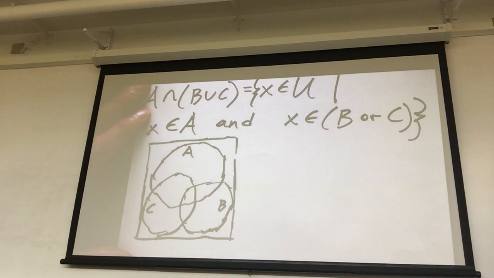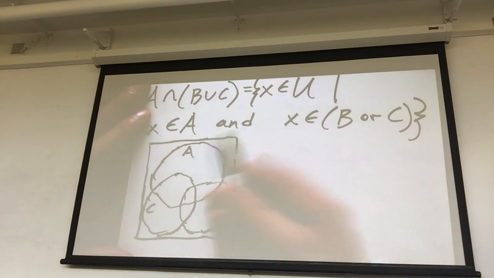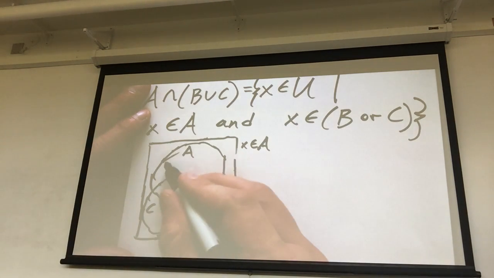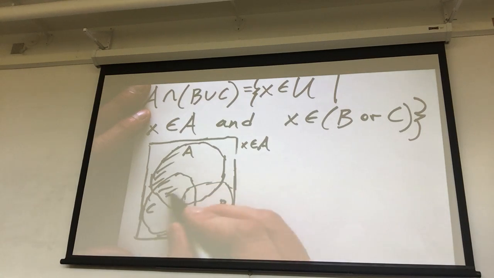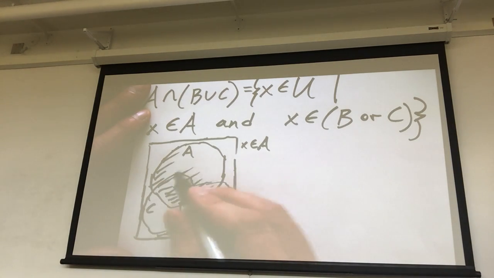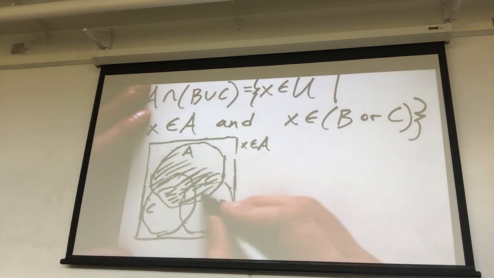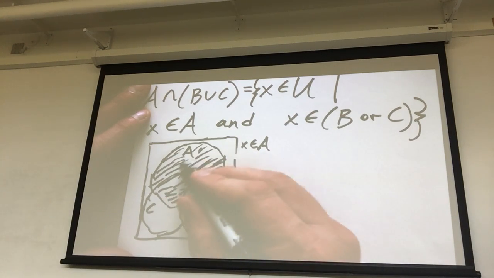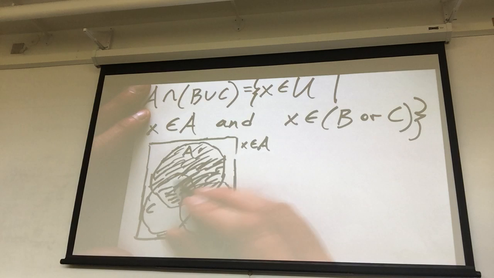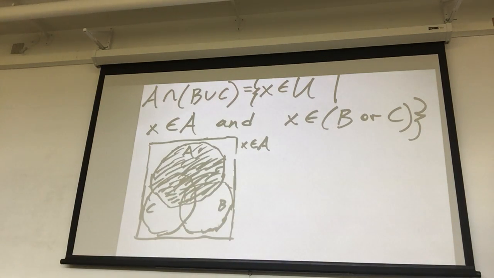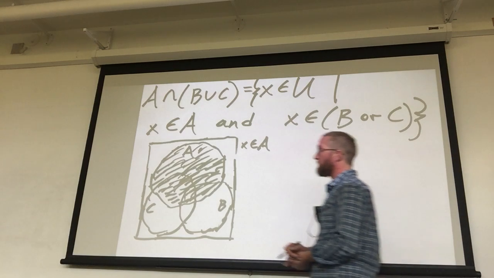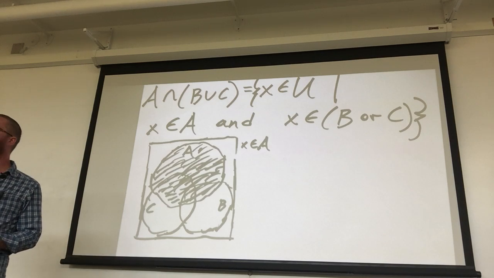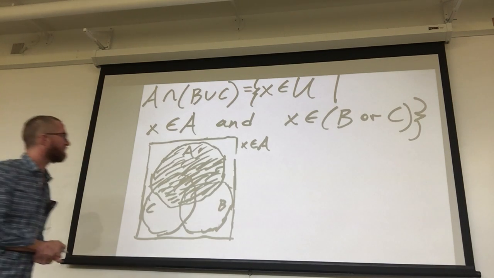Okay, so now this is saying X is in A and X is in B or C. So if I start out with just that first statement, X is in A, and it has to be within B or C. So what is meant by the second statement? X can be in B or C. Okay.